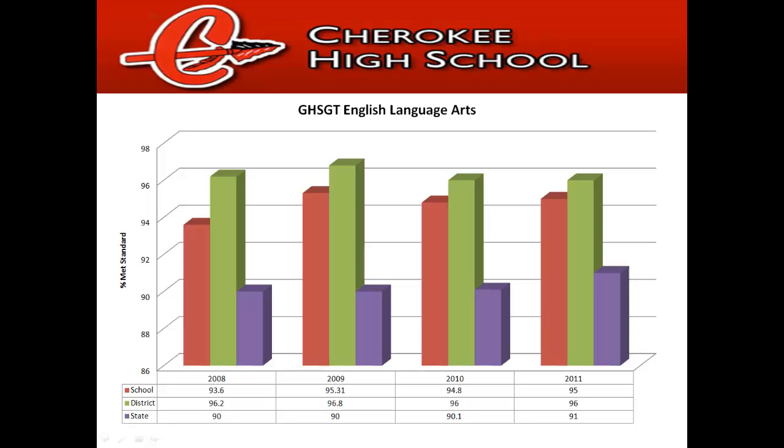This is very similar to the district, where in 2008 the district was at 96.2 and by 2011 was at 96. The state started in 2008 with 90% and by 2011 was at 91%. So Cherokee High School has increased the percentage of students while the district and the state have basically maintained.